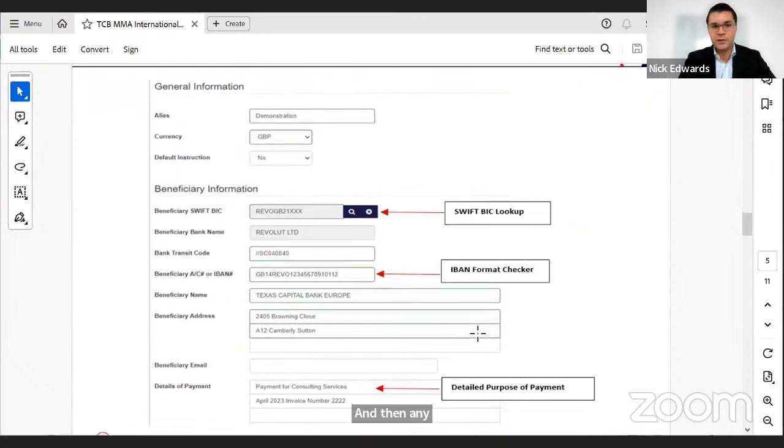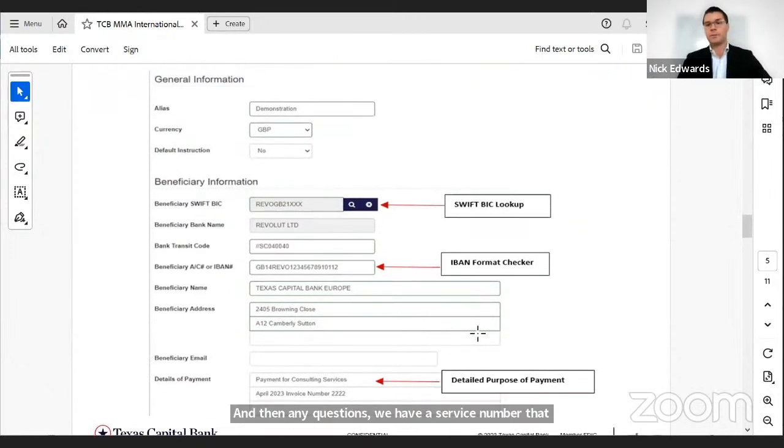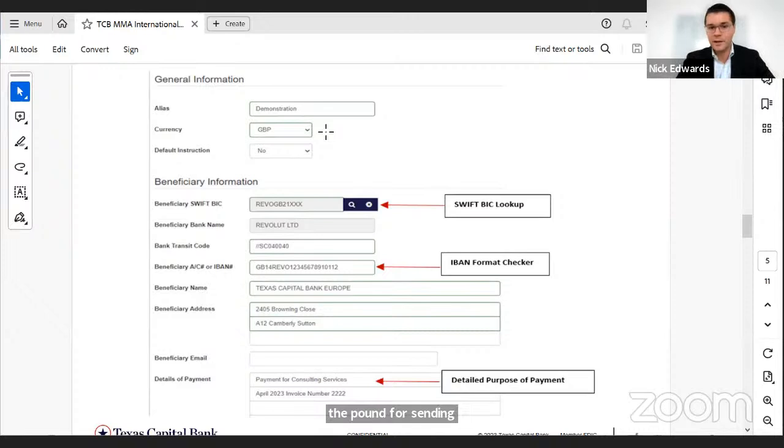But basically, you would simply enter the general information of your payment, your SWIFT, your BIC, transit code, anything that would be required to pay in foreign currency would be entered onto the platform. As you'll notice up here, this is the instructions for the pound for sending GBP to the UK. But for every single currency, there are different requirements.